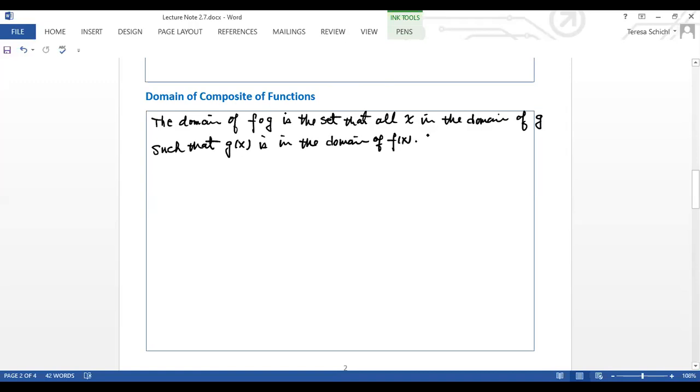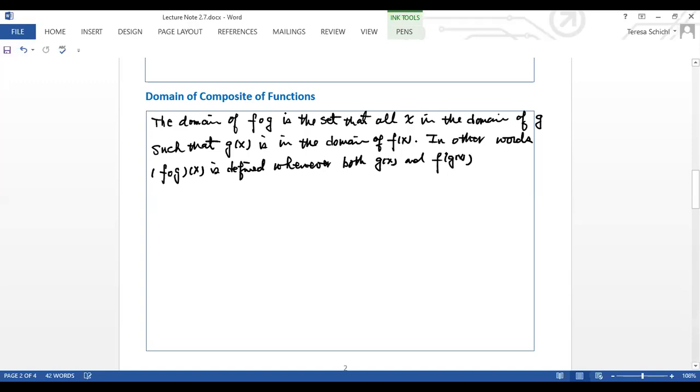So in other words, f composite g of x is defined whenever g(x) is defined, because it has to satisfy that g(x) and f of g(x) are both defined.